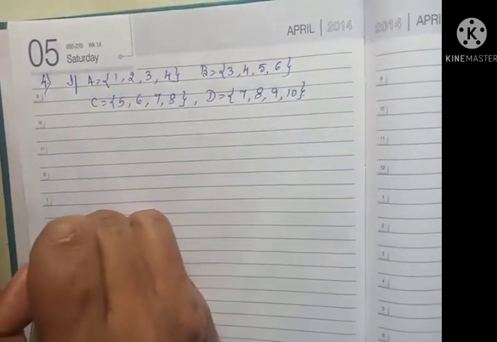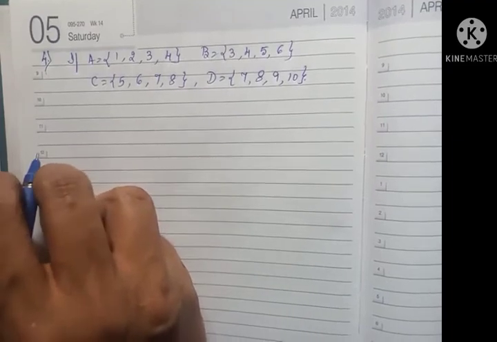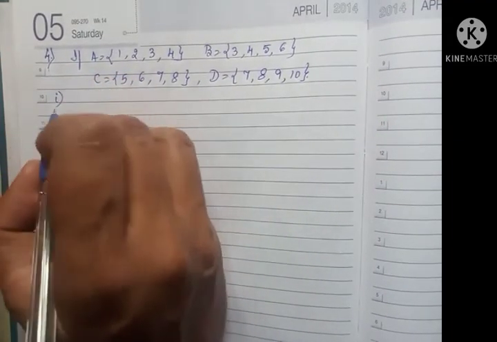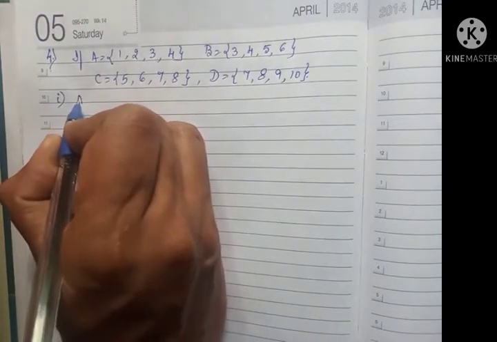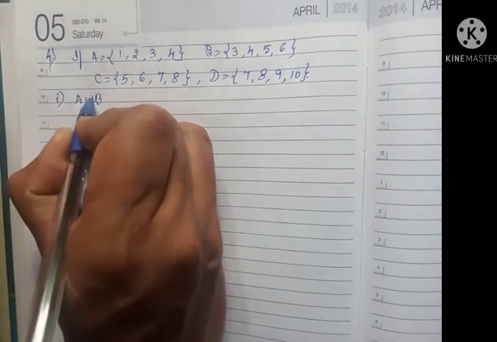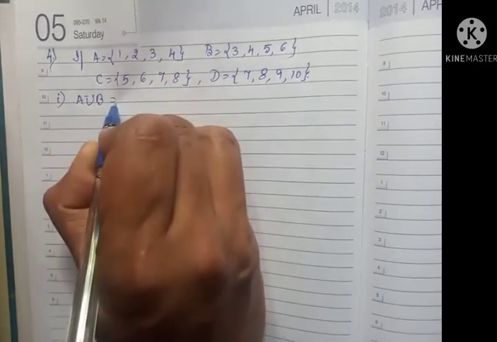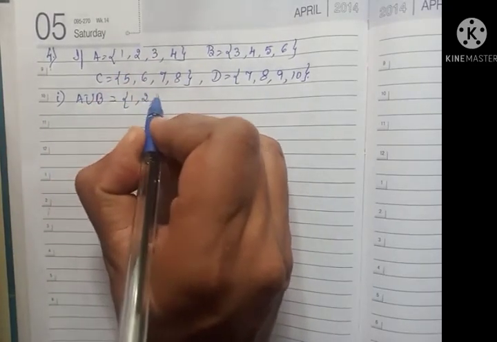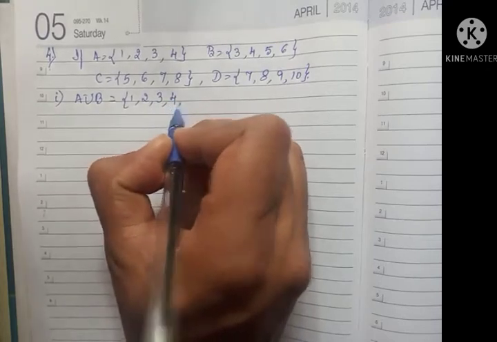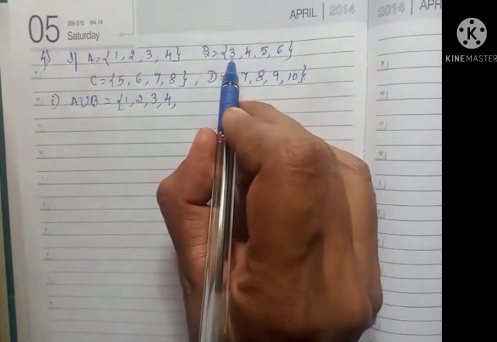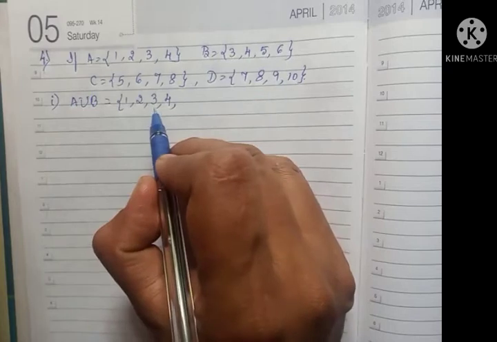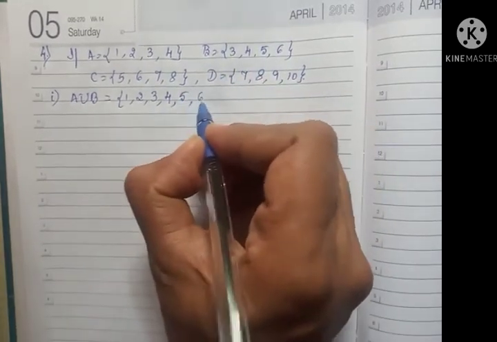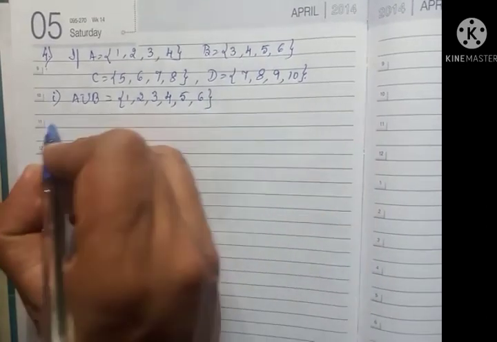So you have to find out... there are 7 values. I'll choose 1 or 2 here. So first one, A union B. You have to write the elements. First I'll write the elements of A. Then I'm going to write the elements of B. 3 is already there. 4 is there. Then 5, 6. This is the first question.